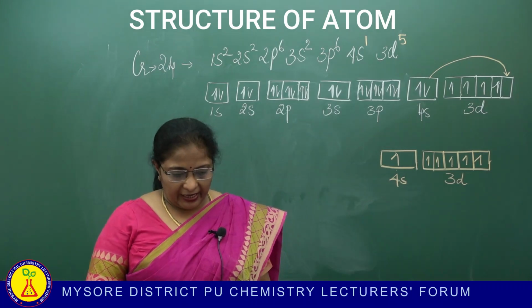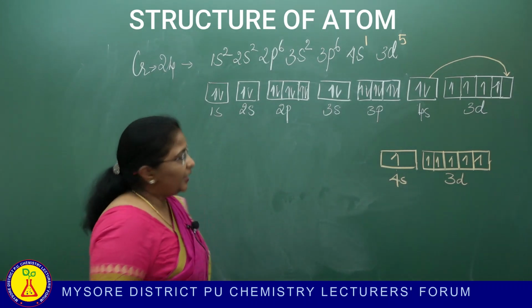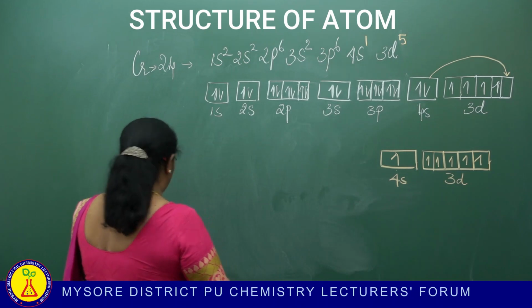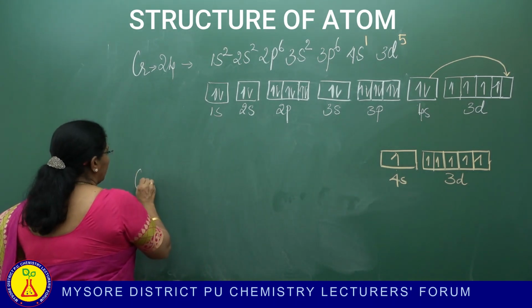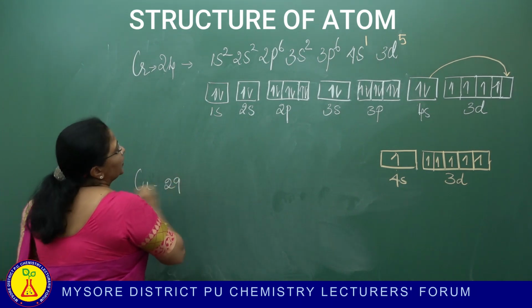Similarly, when we take copper, the atomic number of copper is 29.